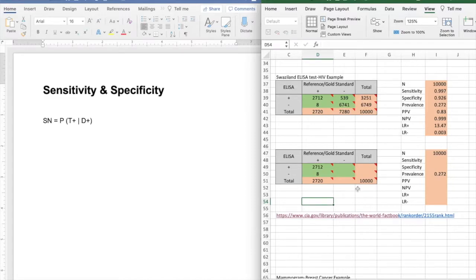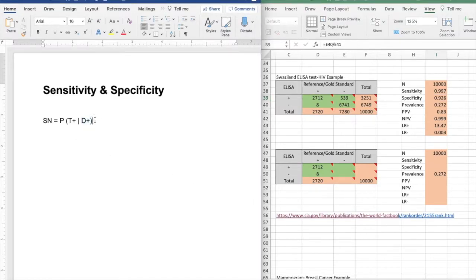It also has a specificity of 92.6%. So what's specificity? Specificity equals the probability of testing negative given no disease, or disease negative. In other words, specificity is our true negative rate, whereas sensitivity is our true positive rate.